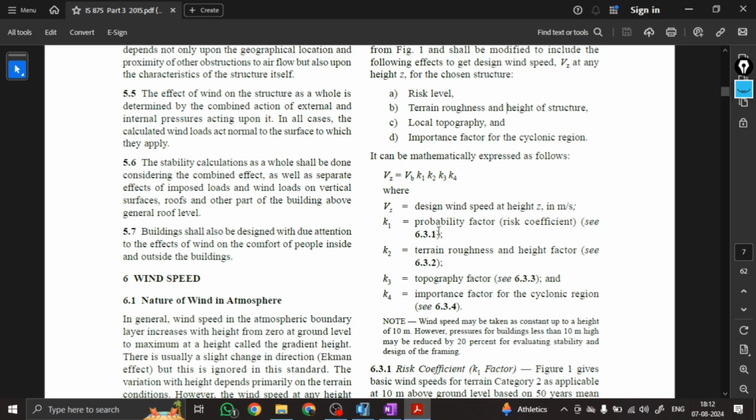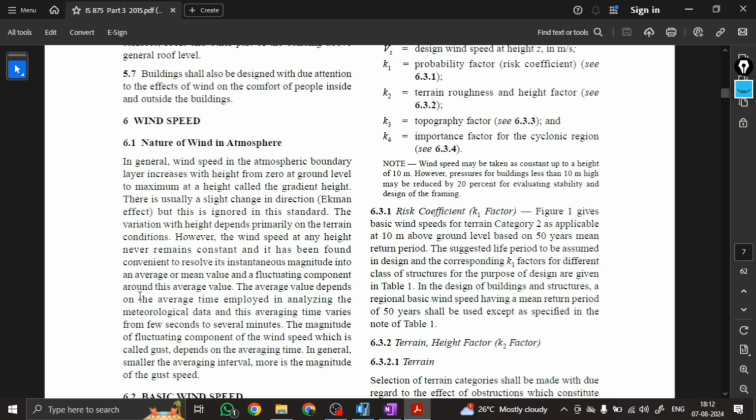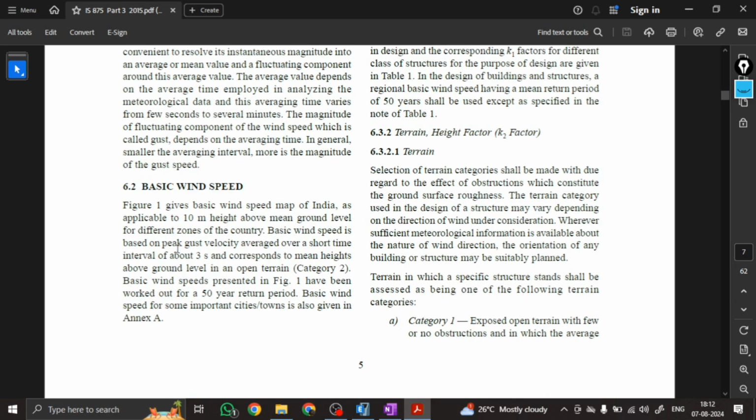Now Vz means design wind speed and Vb means basic wind speed.